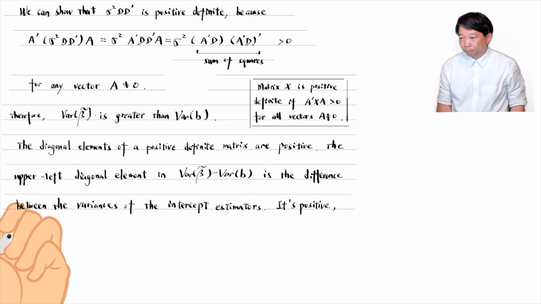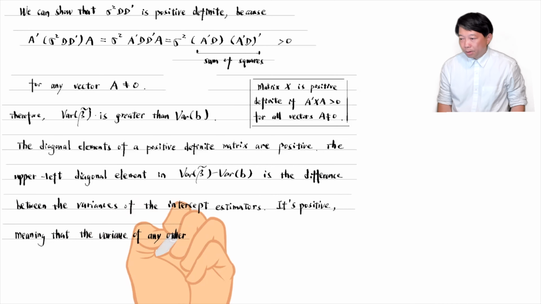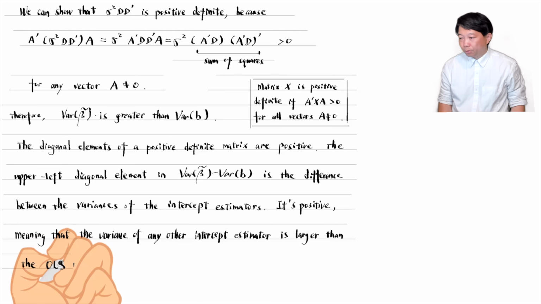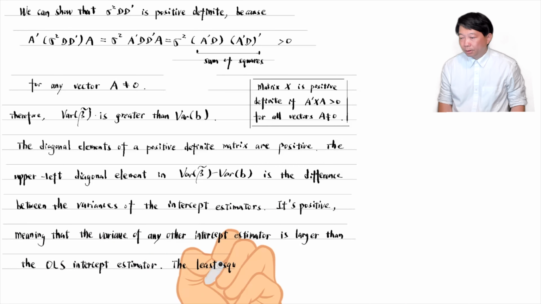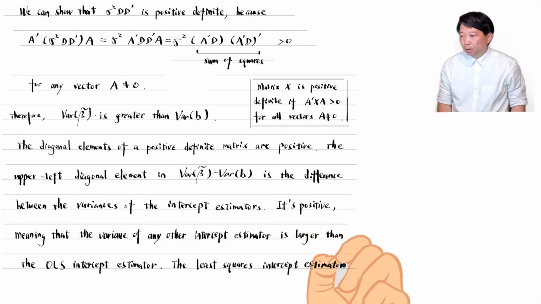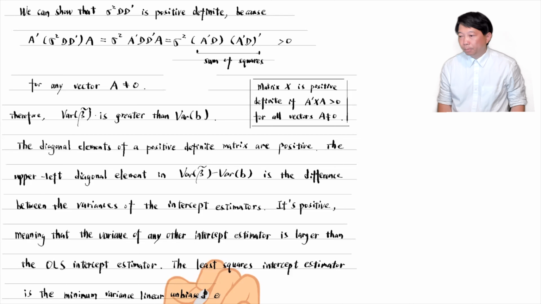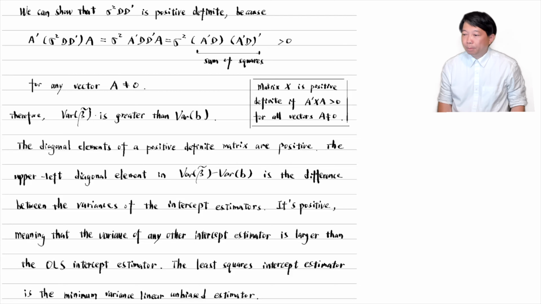It is positive, meaning that the variance of any other intercept estimator is larger than the least squares intercept estimator. The OLS intercept estimator is the minimum variance linear unbiased estimator. Similarly, we can show that the OLS slope estimator also has the minimum variance among all linear unbiased estimators.